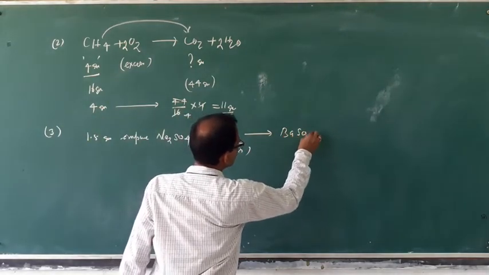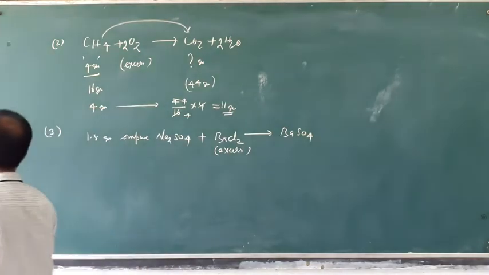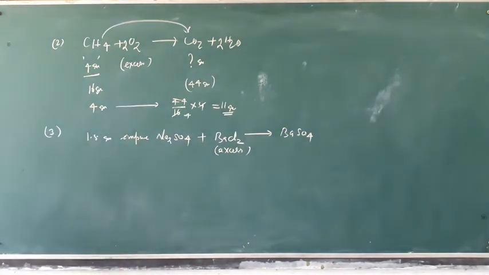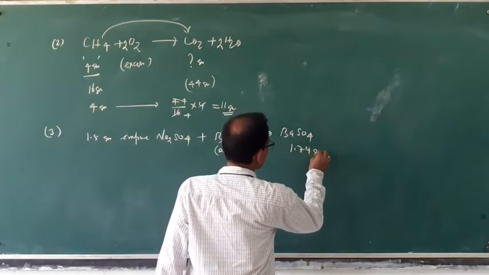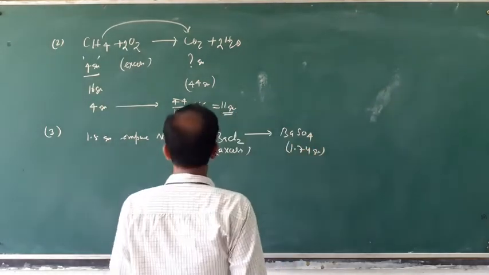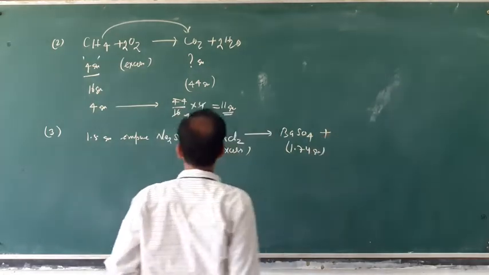Produce barium sulfate, how much as per the question? That is 1.74 gram. 1.74 gram. What is the remaining thing as per the equation?